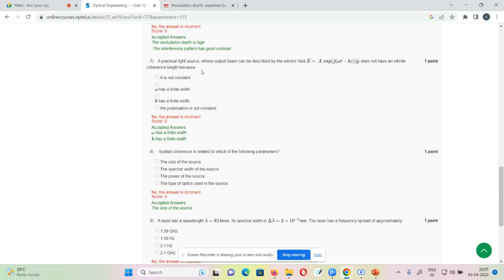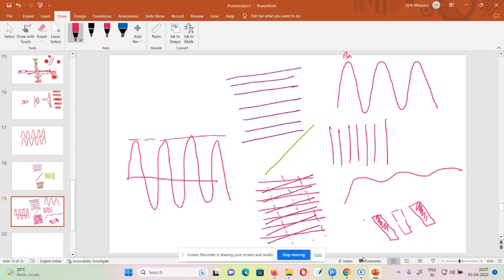Next, a practical light source whose output beam can be described by electric field E = A exponential j(omega t minus kz) does not have an infinite coherence length.